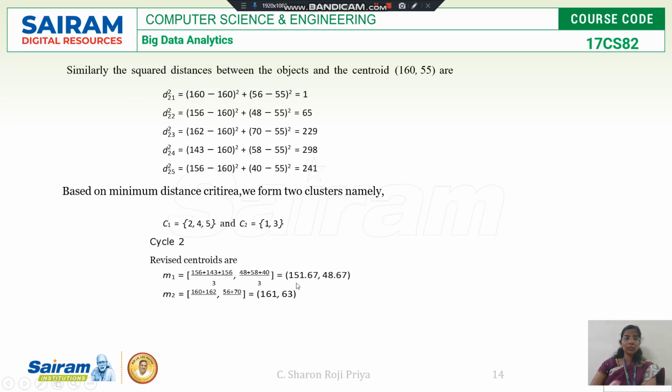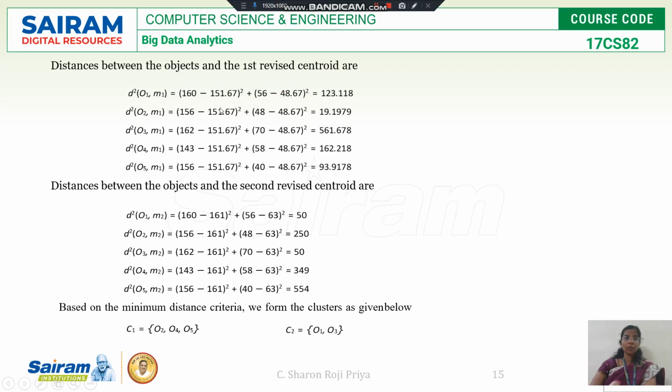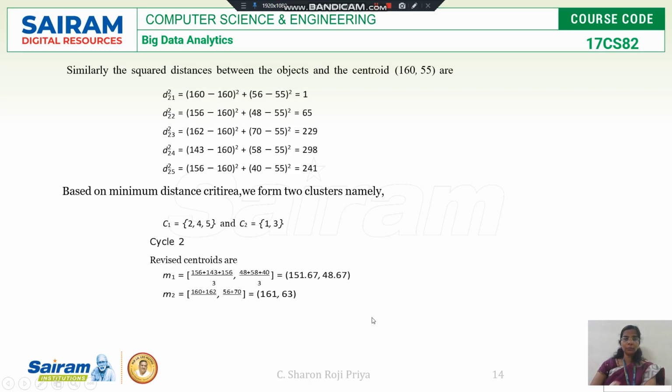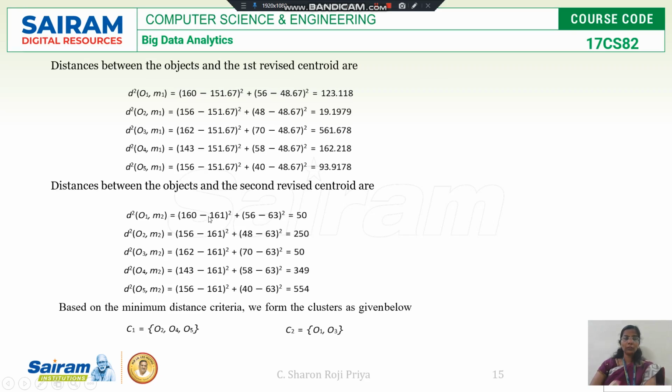The first centroid is 151.67, 48.67. The second one is 161, 63. So you have to calculate the distance between the data points and the second revised centroid.